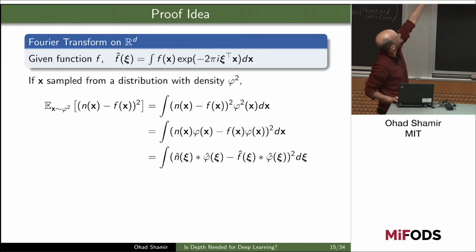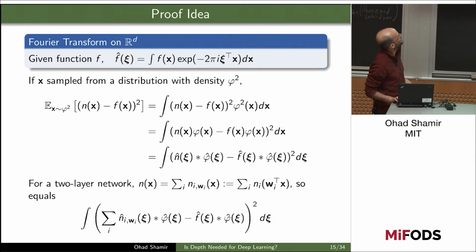Okay, so we start with this. We can write it as the integral of the difference squared. We do some algebraic manipulations. We push the phi inside the square. Then it's well known that the integral of a function squared equals the integral of the Fourier transform squared. So you do that. You can decompose the transform in this way.